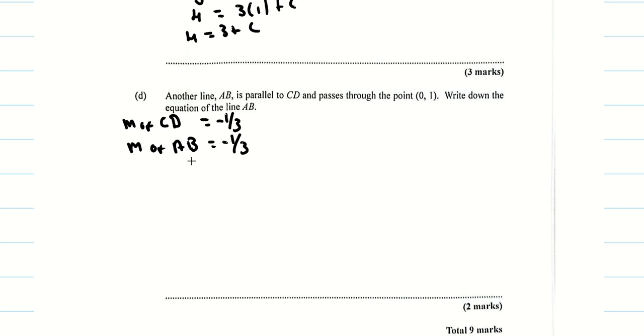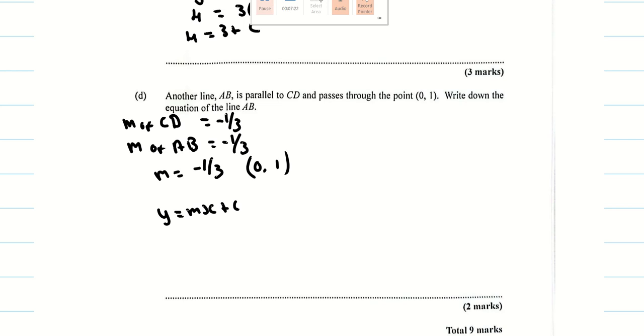Now they told you that the line passes through the point (0, 1). So you could use the gradient negative a third and the point (0, 1) and input it into the formula y equals mx plus c.